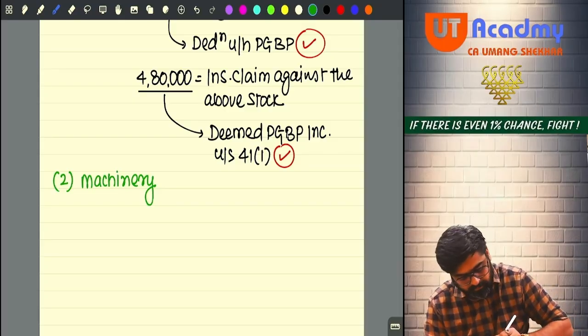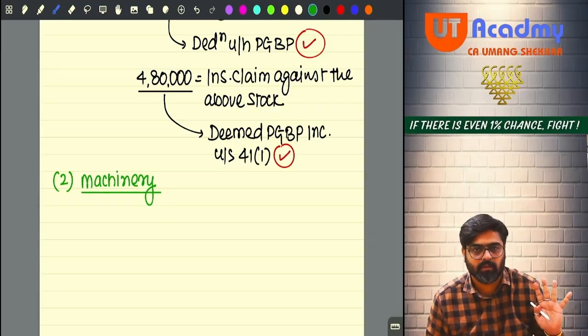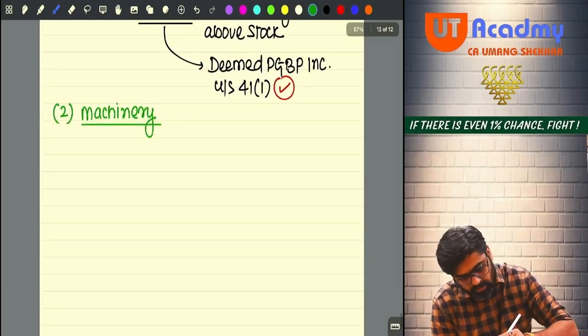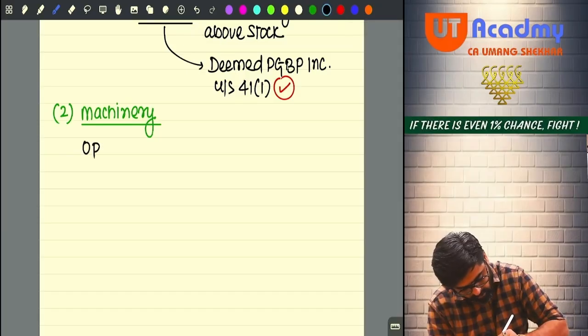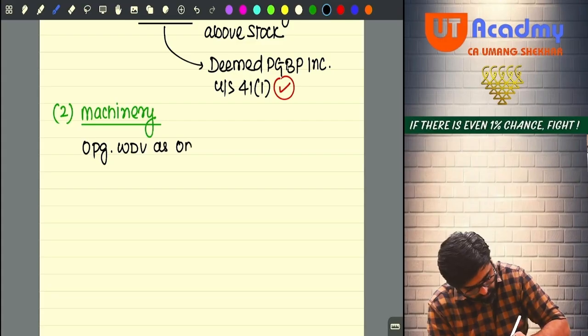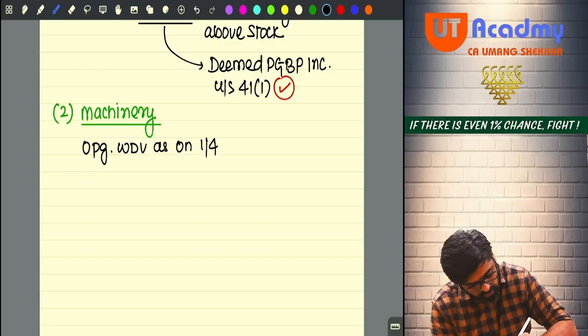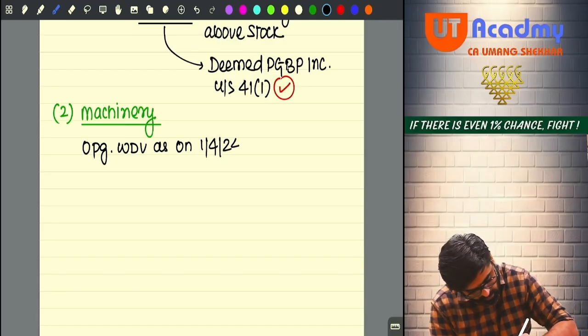So machinery is lost during this year, meaning that there was some opening WDV of the machinery. Tell me yes or no. There was some opening WDV as on 1st of April 2024. What was the opening?